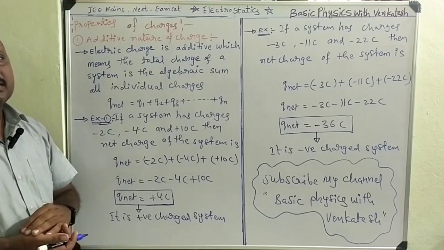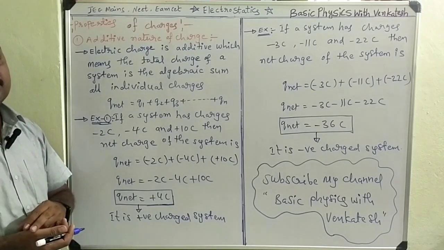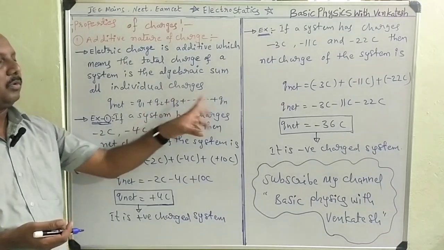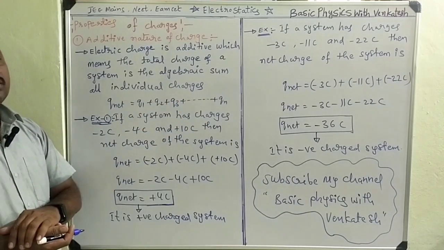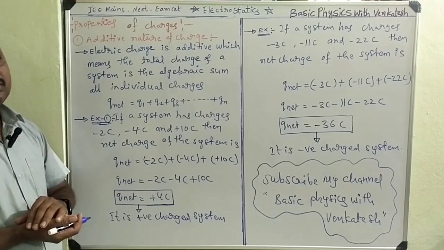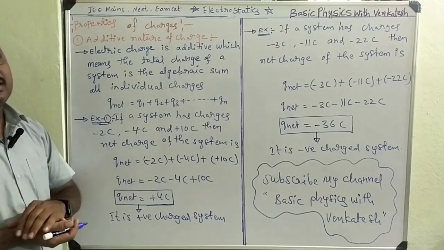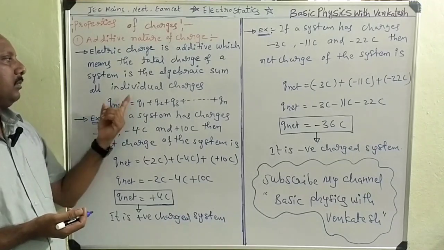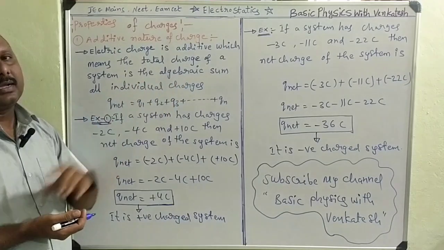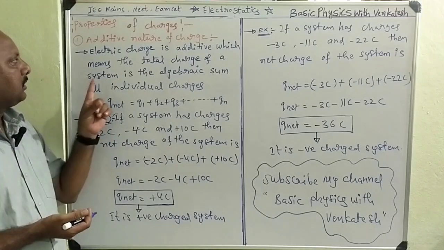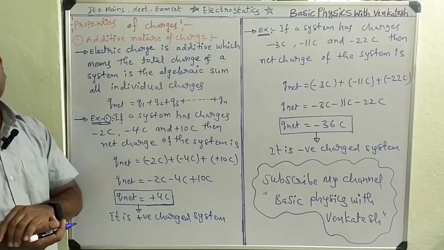Suppose a system contains n number of charges, Q1, Q2, Q3 and so on up to Qn. What is the net charge of the system, or what is the total charge of the system? The total charge of the system can be added algebraically, meaning in general addition, because charge is a scalar quantity.